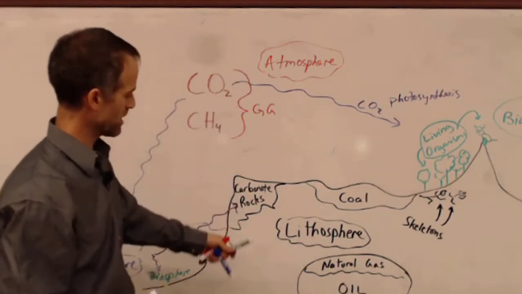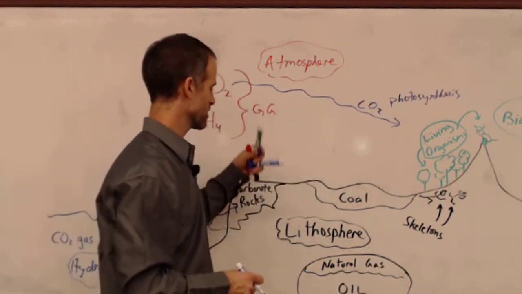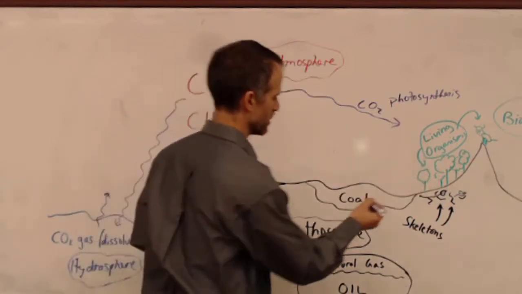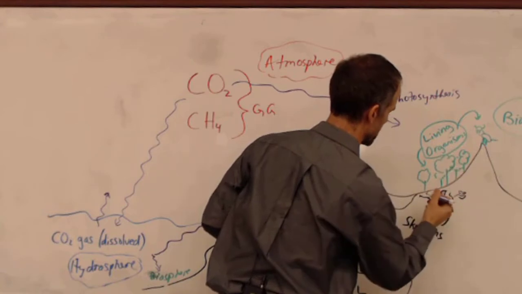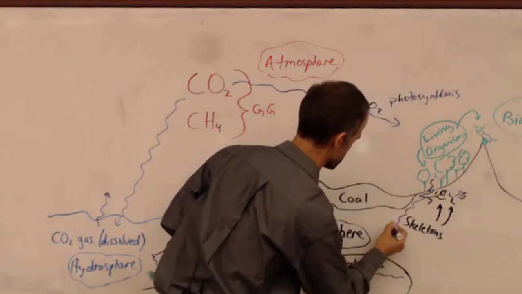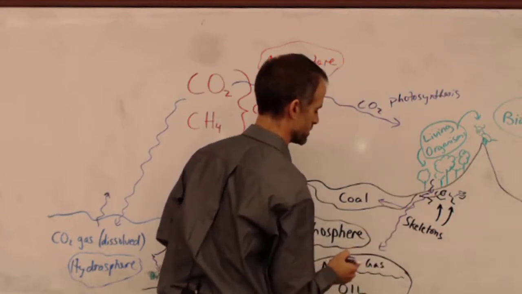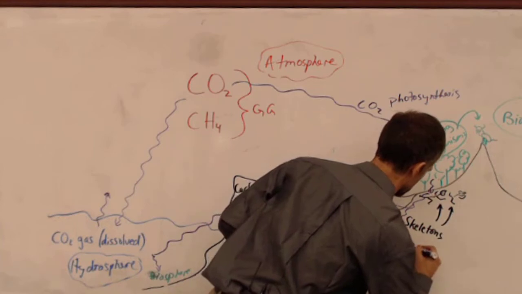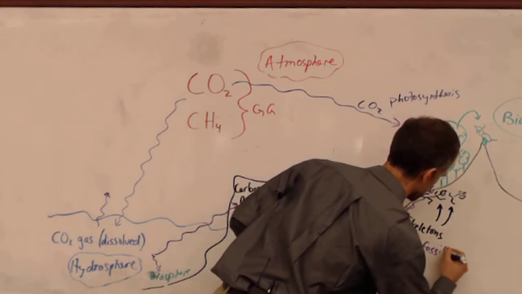How does CO2 go from the biosphere to the lithosphere? Well, when plants and animals die, they become skeletons, and over millions of years, they become fossil fuels. So they form fossil fuels.